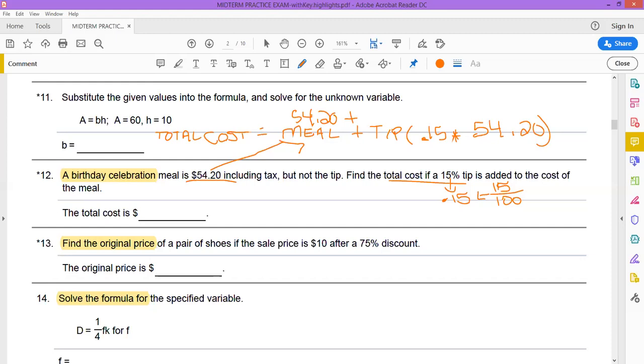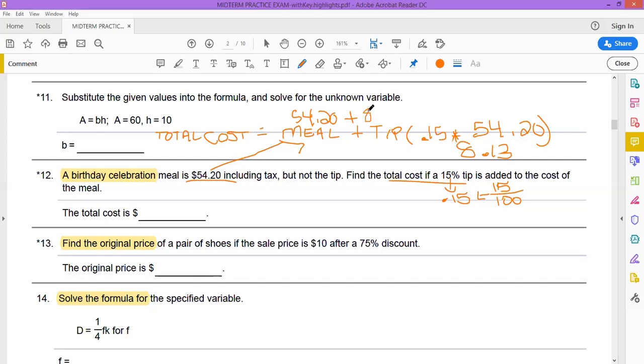So in your calculators, you simply punch in 0.15 times 54.20, and you'll get $8.13. That represents the amount that you want to pay for a tip.